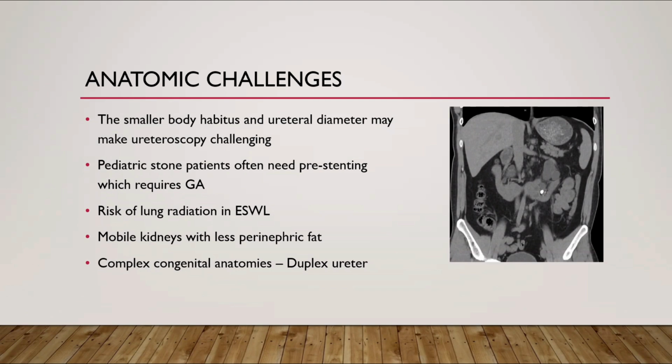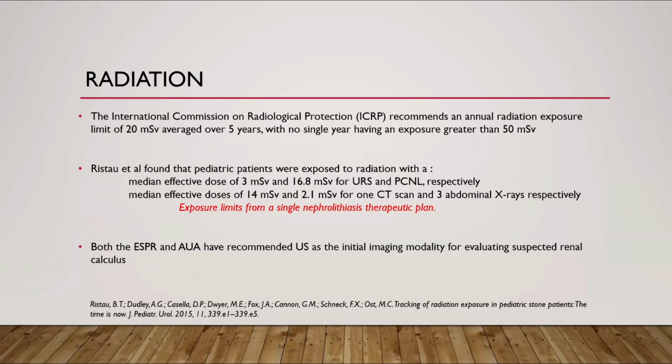Because of the smaller size, in case of ESWL there is always a risk of lung radiation, although that can be reduced by placing shields. They also have more mobile kidneys, as a result of which access during PCNL procedures may not be that easy. And there are usually complex congenital anomalies, like duplex ureters, which make this group of patients more challenging.